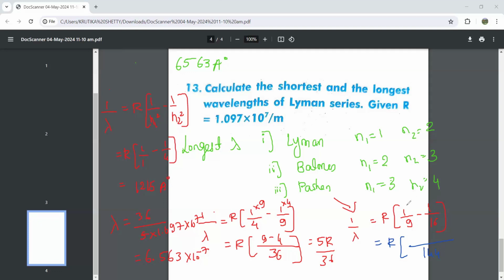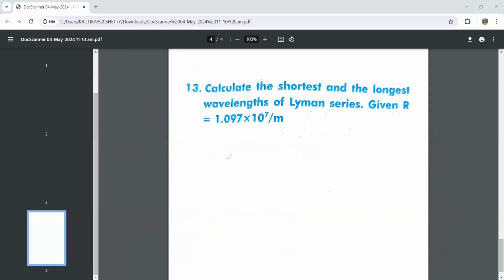So here 9 16s are, and here 16 9s are. So it is 16 minus 9. So 16 minus 9 will be 7. Now for the Passion series, we have 1 by lambda is equal to R into bracket 144, 16 minus 9, so 7R divided by 144.